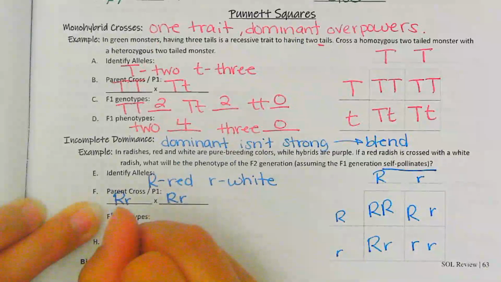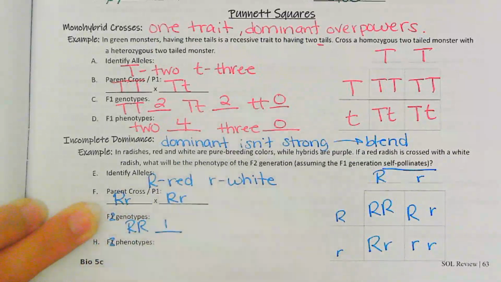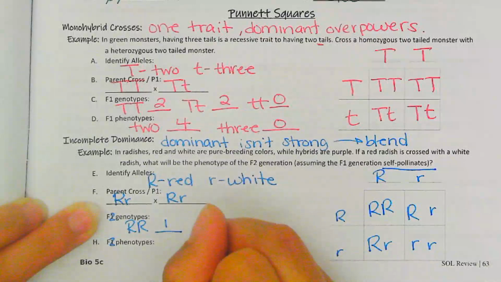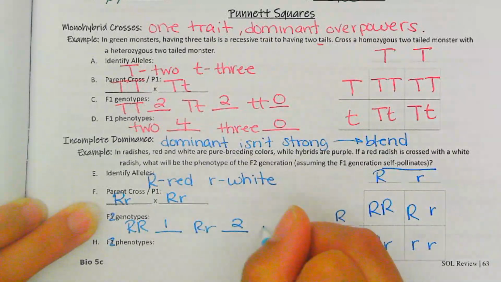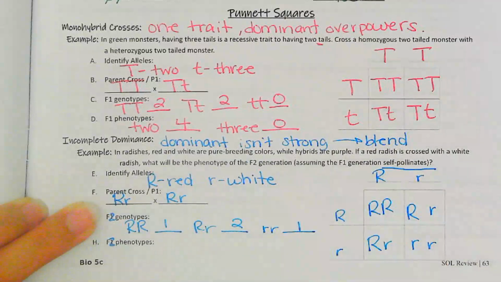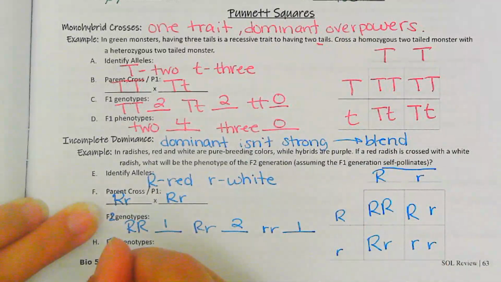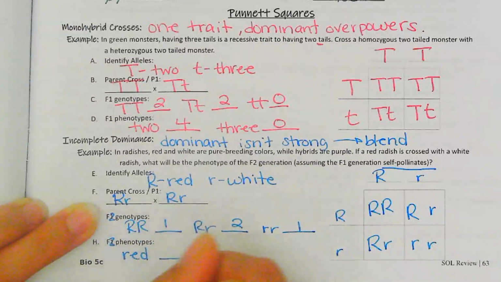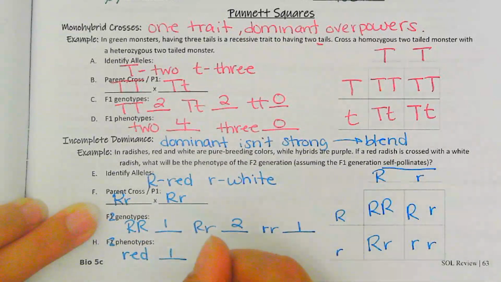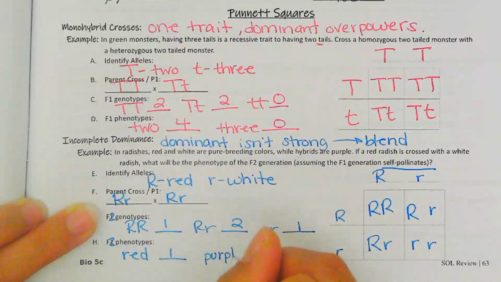So 1 is homodominant, 2 are hetero, 1 is homorecessive. 1 is red. Purple is my intermediate.